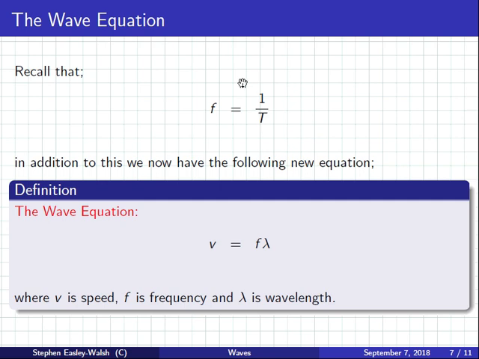Now the reason I gave you this formula, f equals 1 over t, is because you can replace the f here sometimes with the 1 over t if you need to.